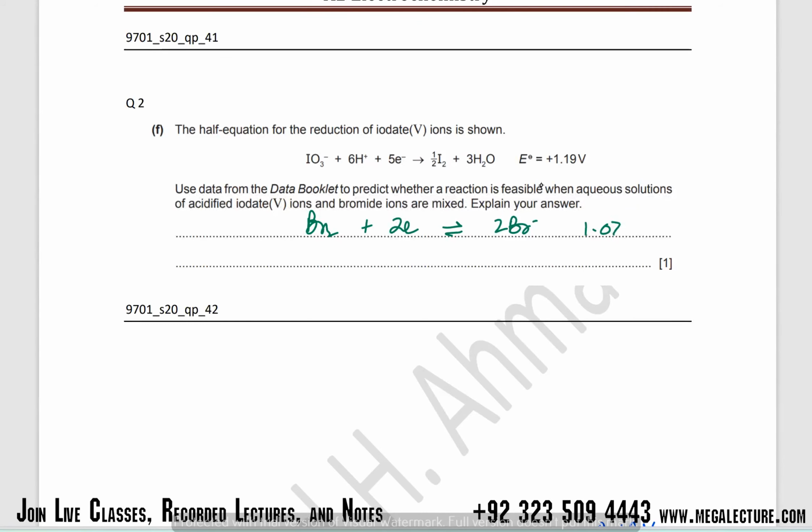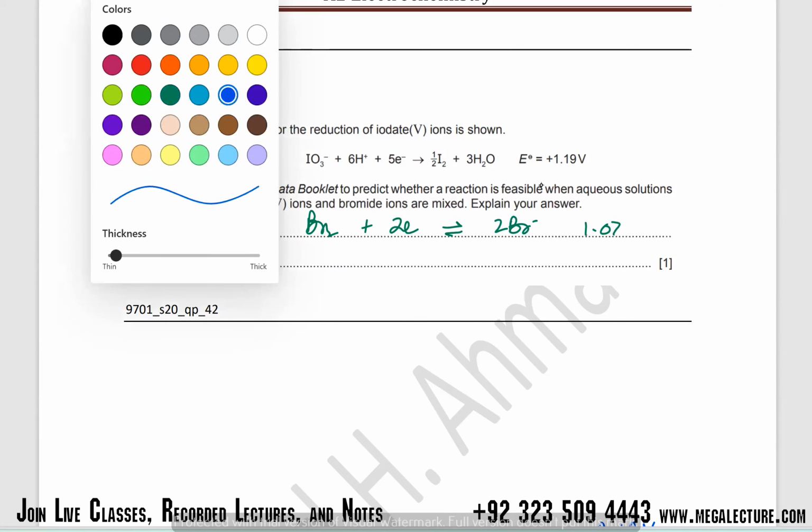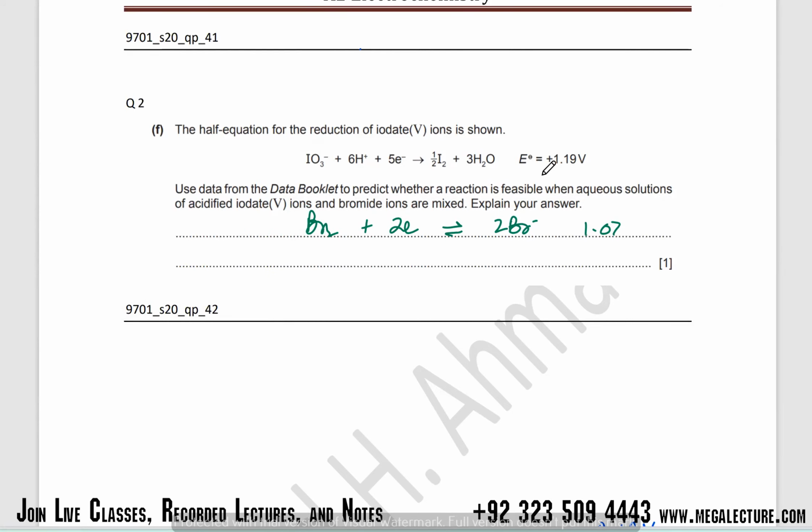So now, remember, in such a question where they ask for feasibility, follow their instructions. What two things are reacting? Iodate 5 ions reacting with bromide ions. So there's only one option. This is iodate 5, so it must be gaining electrons, right? And it's reacting with bromide, so bromide must be losing electrons.